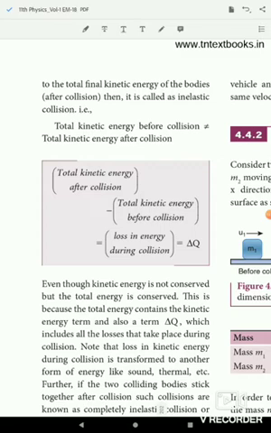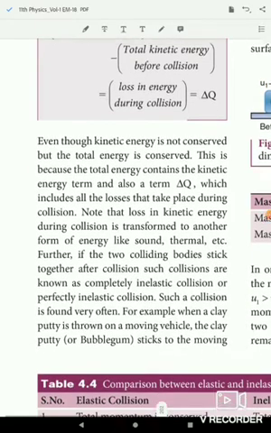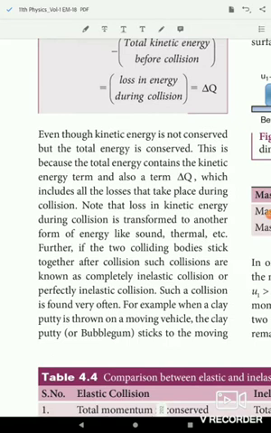So you rearrange this equation: total kinetic energy after collision minus total kinetic energy before collision is equal to the loss in energy during collision, which you write as delta Q. Even though kinetic energy is not conserved, the total energy is conserved.